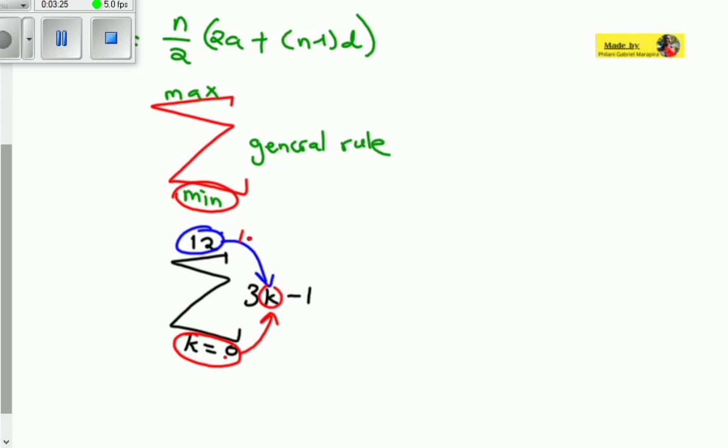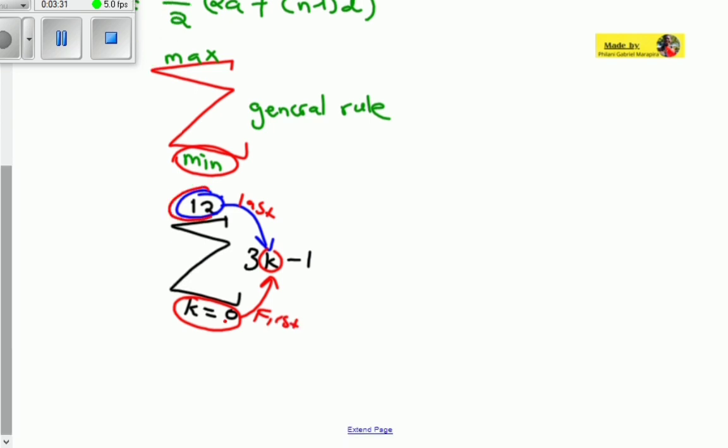This is your last, and this is your first. First of all, you need to know that 12 is not the number of terms. Don't misquote it. Why do I say that? Because here we're starting at k equals 0.